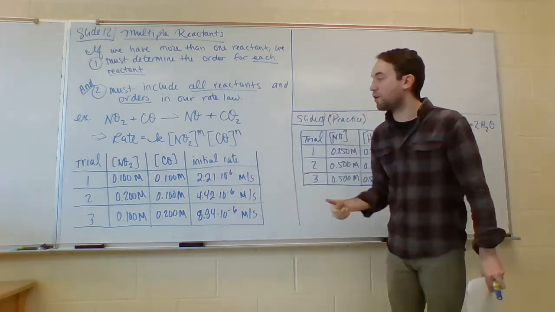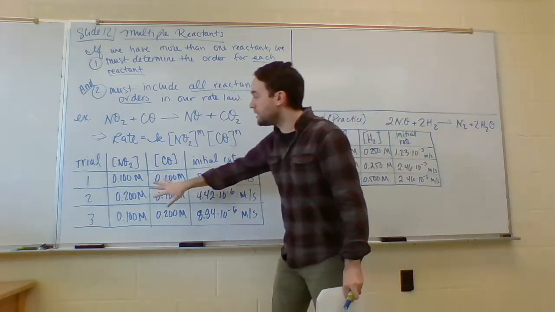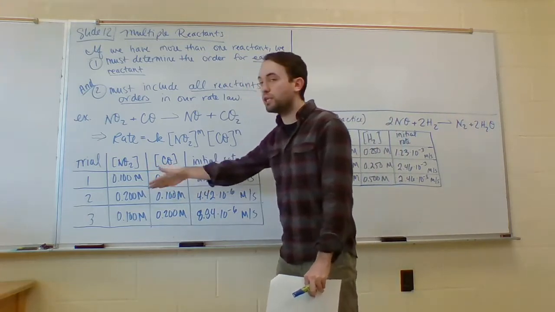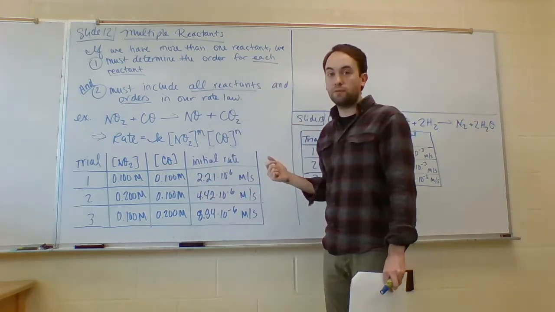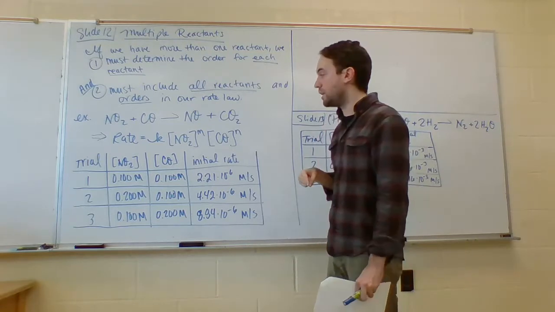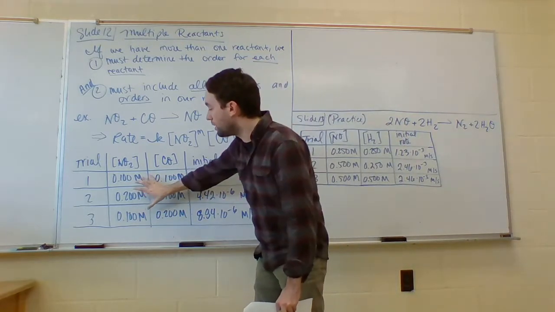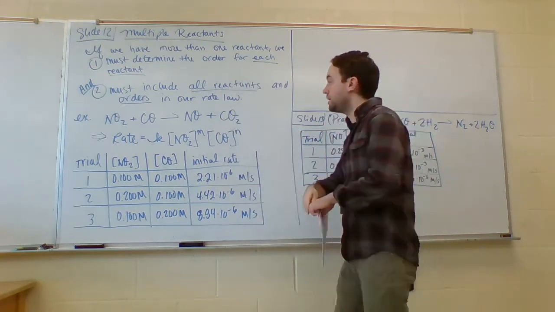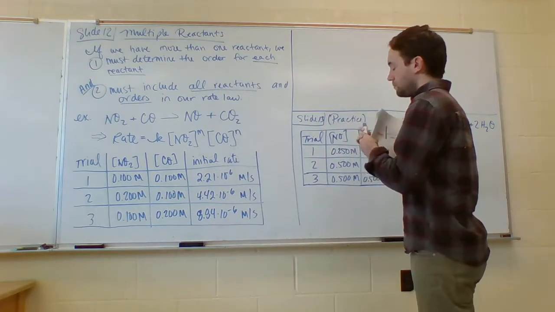We also have our rates. The reason that some of them have the same concentrations is because when we do our ratio, following the steps from our last video, we're going to want to hold one of them constant while we change the other one.